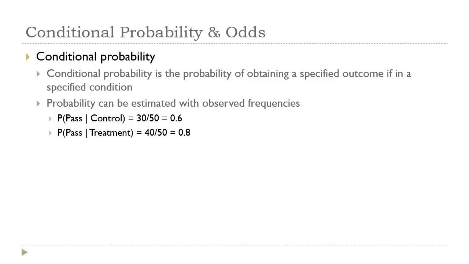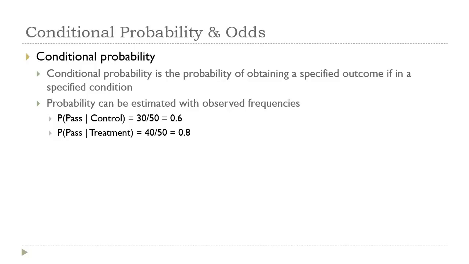You're used to the idea of conditioning. We've done that both with a quantitative response, and we're doing that now with a categorical response. Conditioning means that you're calculating the statistics conditioned on one level of some variable.